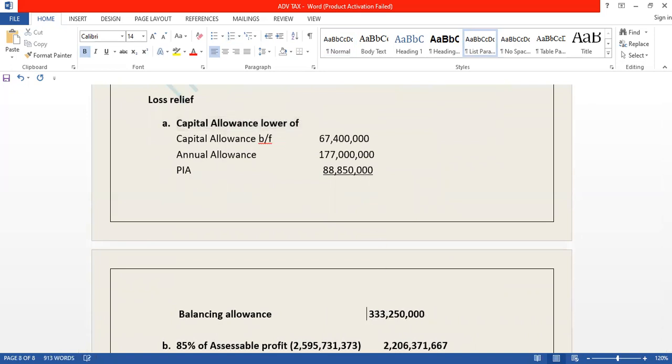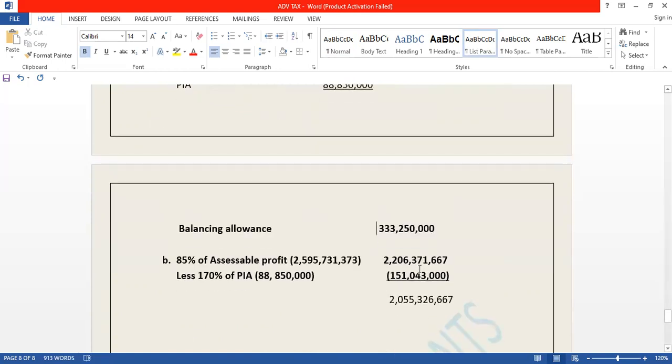This is 133,250, and this is another one here, which we have to pick. Between this and this, we have to pick one, which we have picked already. And that's why we are picking this figure minus this. And we are getting 2055 as our final answer.